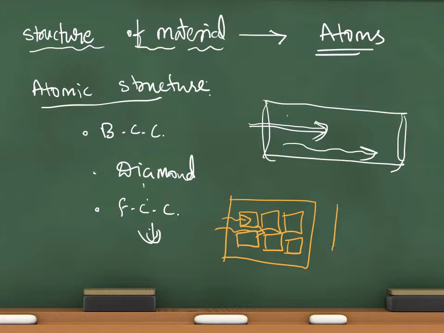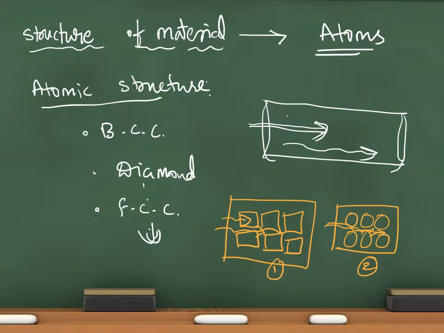But if you have another material where the structure of the atoms is arranged this way, it will be very free for this second case. The first case is somewhat difficult, the second is easier. So the structure of the material is another criterion responsible for the change in resistivity.